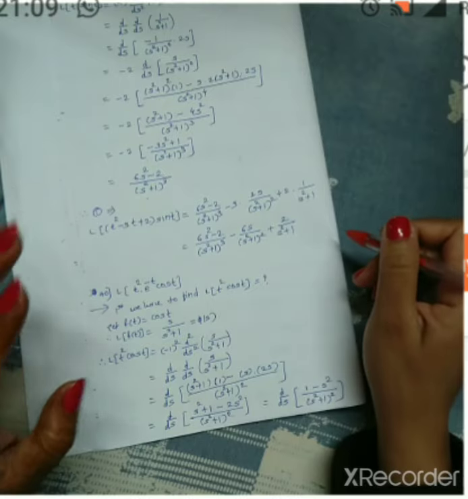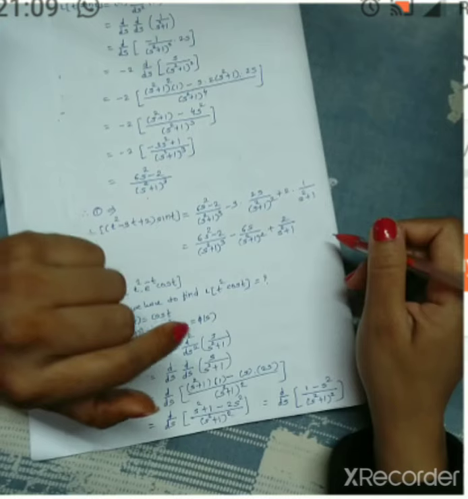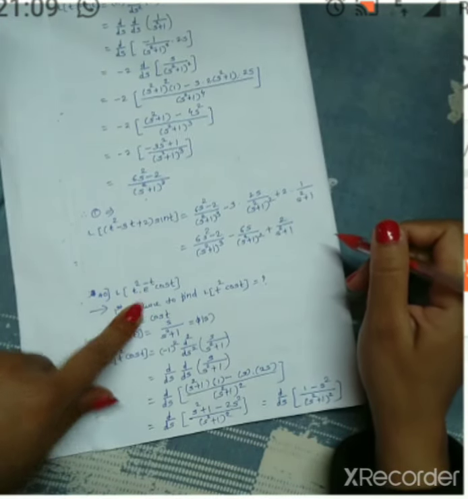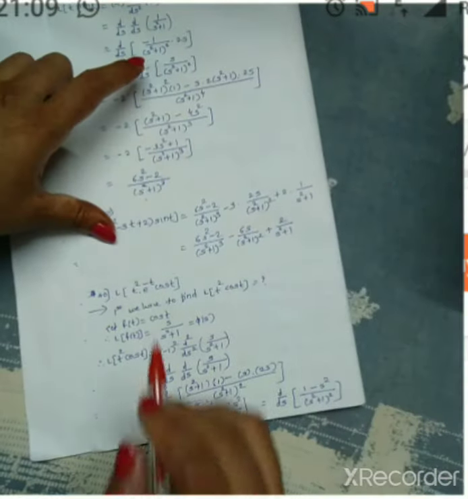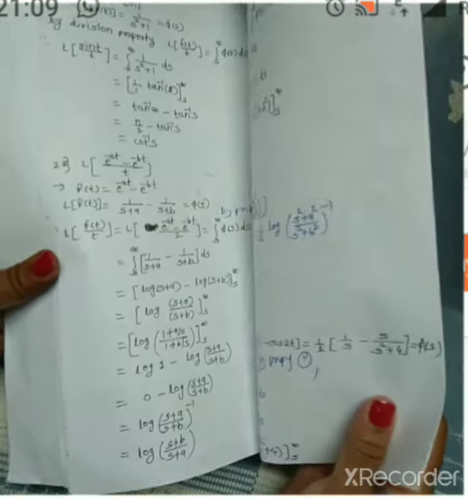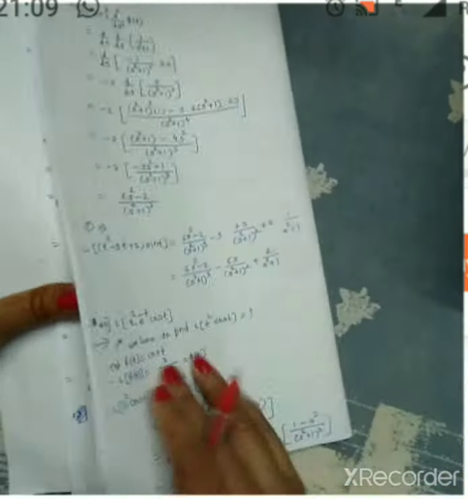Remember, whenever exponential comes with another property or another term, the exponential property we are going to use at the last. What is the exponential property? You already studied that property.